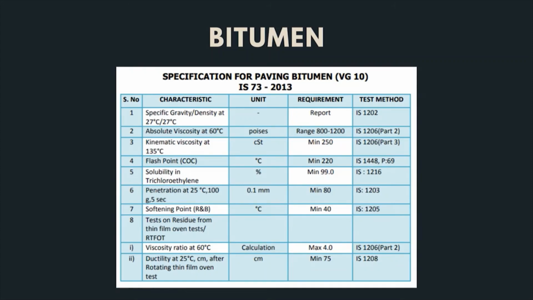Then of course ductility is also an important test, but in a refinery, whether it is a key test or a less important test, every test will be done in the quality control lab, because every test has some significance from the customer point of view. Only when all the tests are clear is the product known as a spec product. Then only a batch number will be given, and final clearance will be given to take it to the end market.